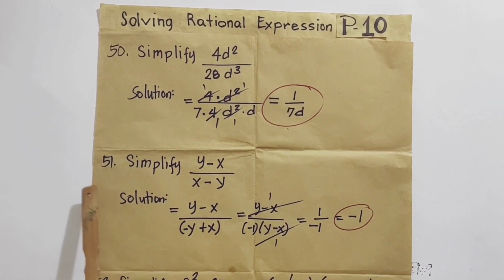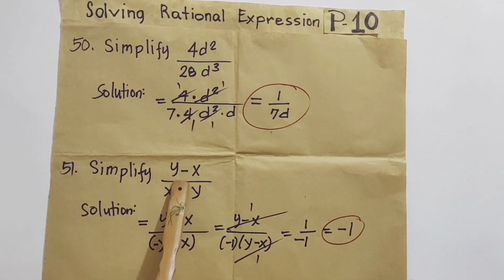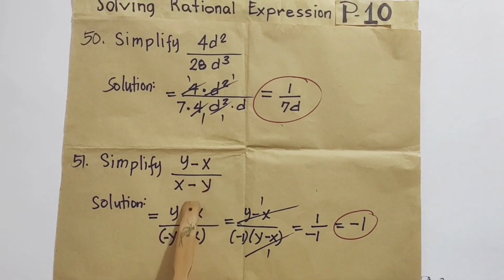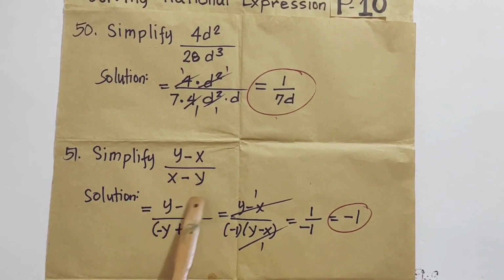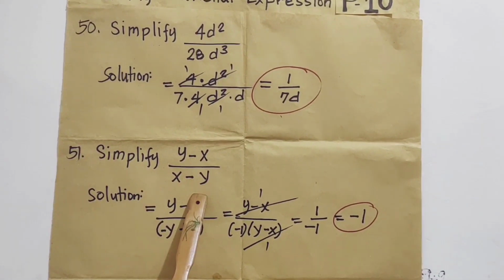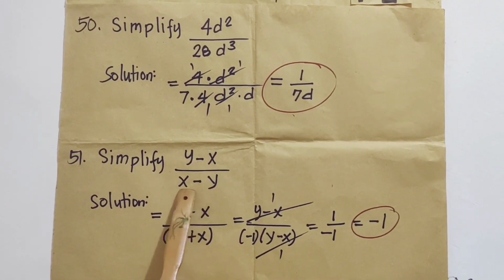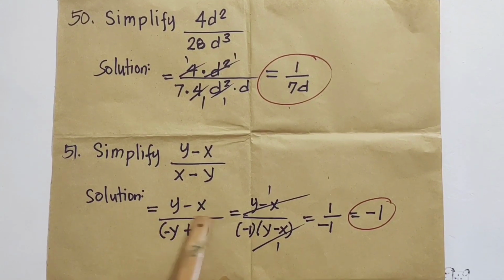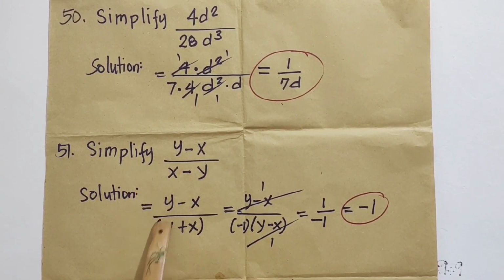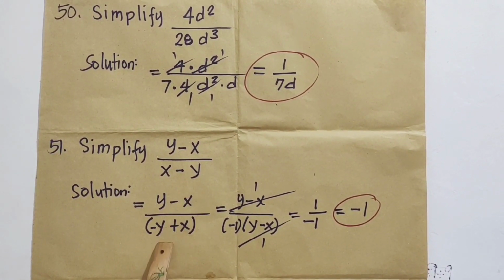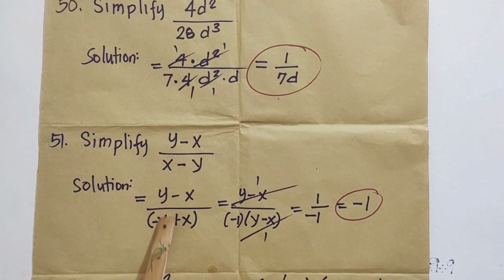Okay, next number 51. Simplify y minus x over x minus y. So we cannot cancel because they are in different positions. So what we have to do is invert the denominator. So y minus x over, it now becomes negative y positive x. Then again, we cannot cancel because of the sign. We have positive, we have negative.